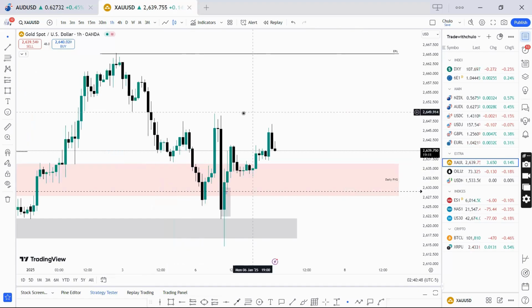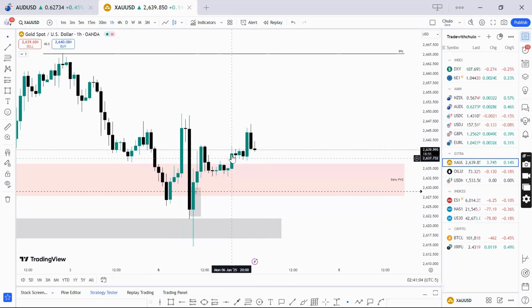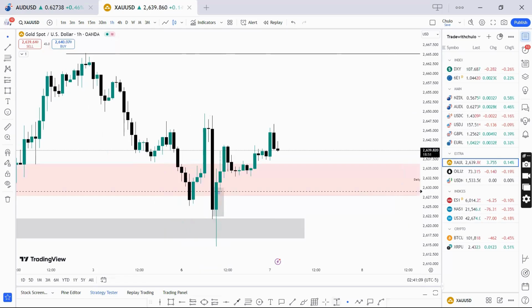The reason why I won't consider this fair value gap is, look at this entire structure here.